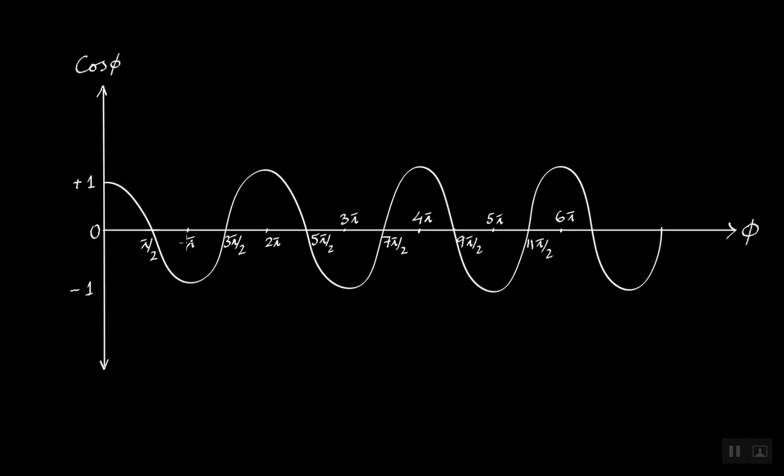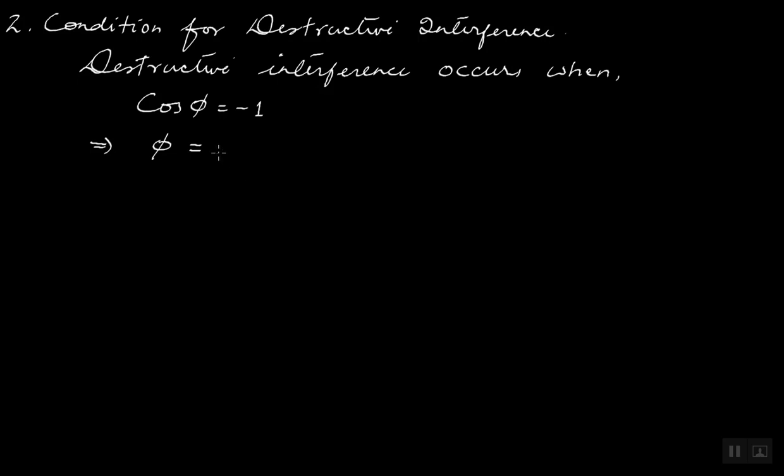So do you agree or not that these are all odd multiples of pi? Yes? So you get here pi, 3 pi, 5 pi, 7 pi, so on and so forth. So therefore phi will be an odd multiple, 2n plus 1. That is how you write an odd number, yes or no? 2n plus 1 pi.